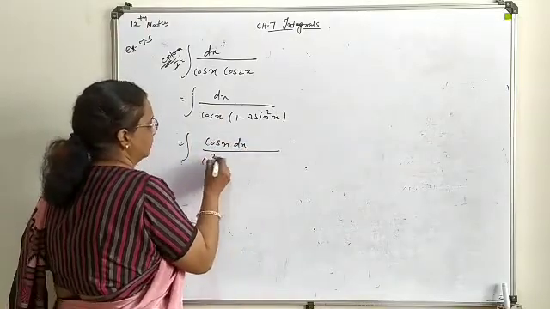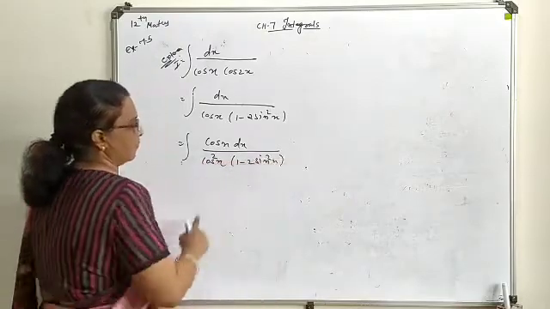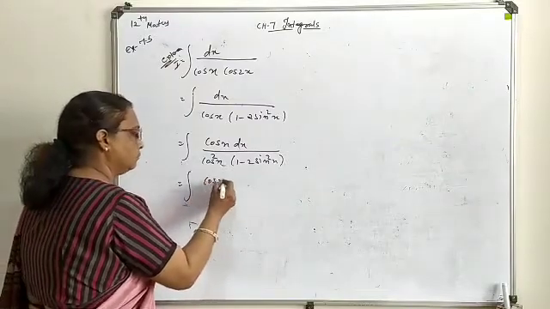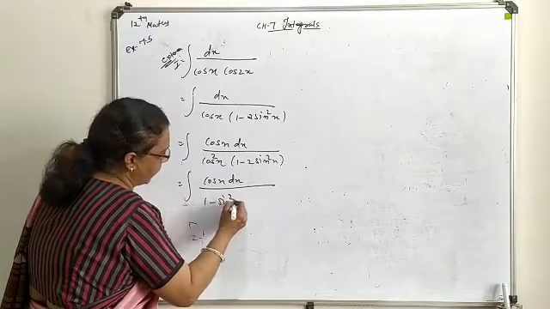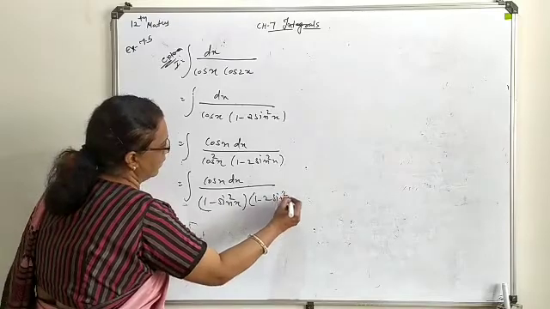This way. Now this cos square you turn as 1 minus sine square x, 1 minus 2 sine square x.